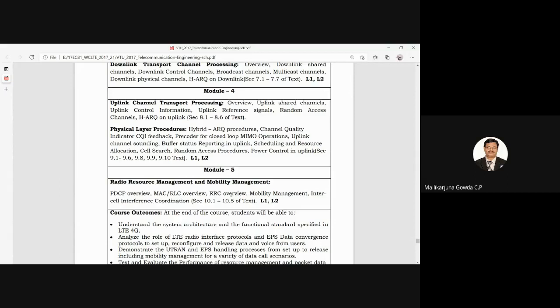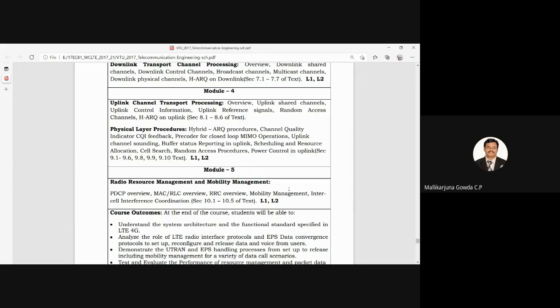Another important concept is mobility management. The purpose of this mobile device is to provide you connectivity wherever you go, right? So mobility management is one of the key concepts we need to understand. We will also discuss how we do intercell interference coordination while doing mobility management, and what techniques are available for that.